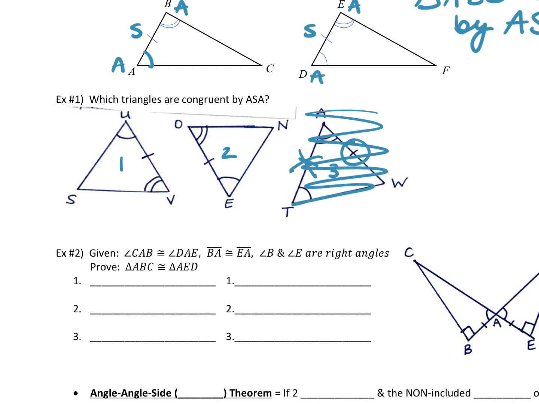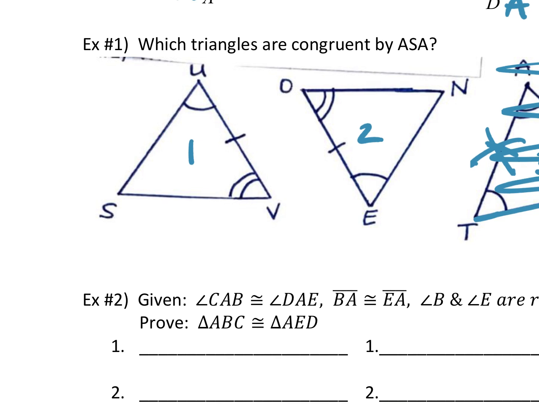But then once we know which triangles are that ASA setup, it's still important that you give a congruent statement that is true. So if we're looking at these two triangles, if I say UVS, what triangle is UVS congruent to? It's an O, but yes, EON.